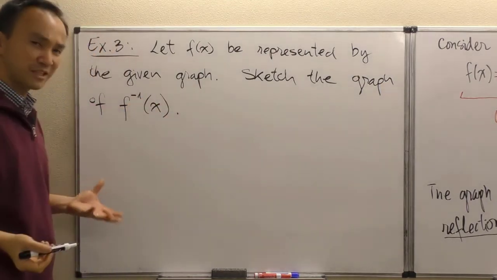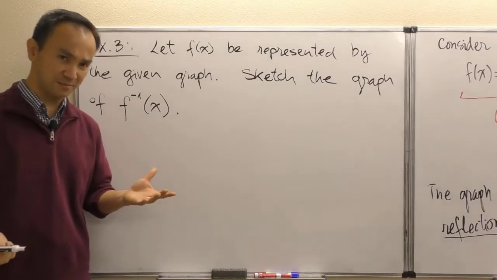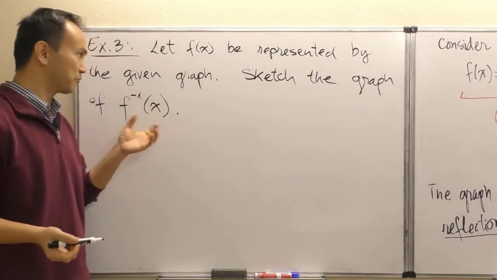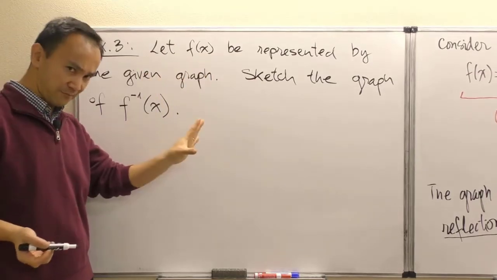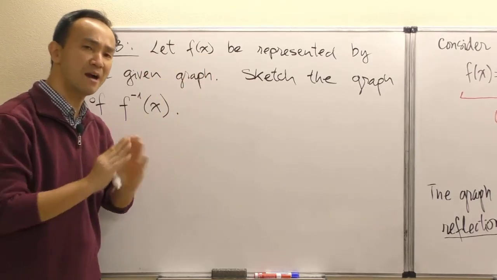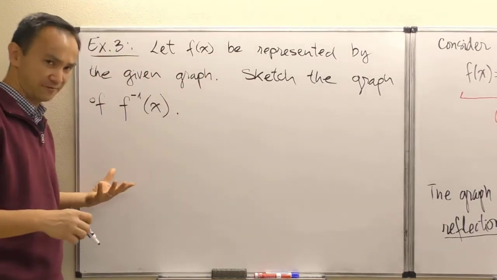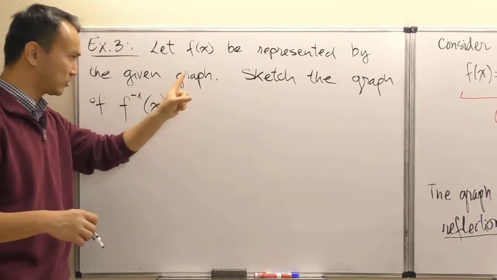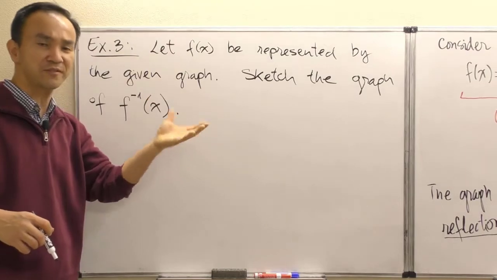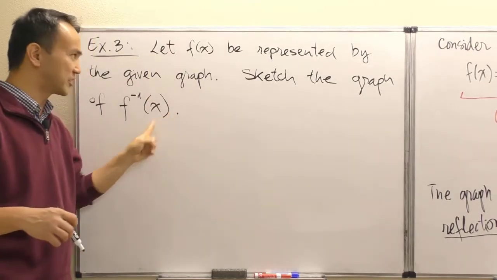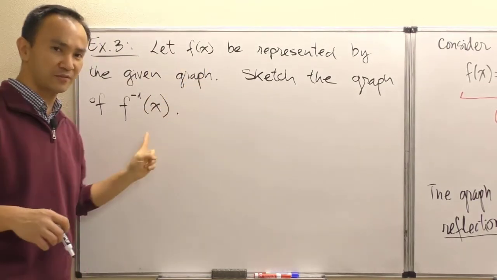It seems like very challenging work, but it won't be so bad. We're going to have f of x given with the graph represented, and we don't have to know what function gives that graph. Once we have the graph, we want to take the picture of that graph and use our understanding of the graphical relationship between f inverse and f to sketch the graph of f inverse.